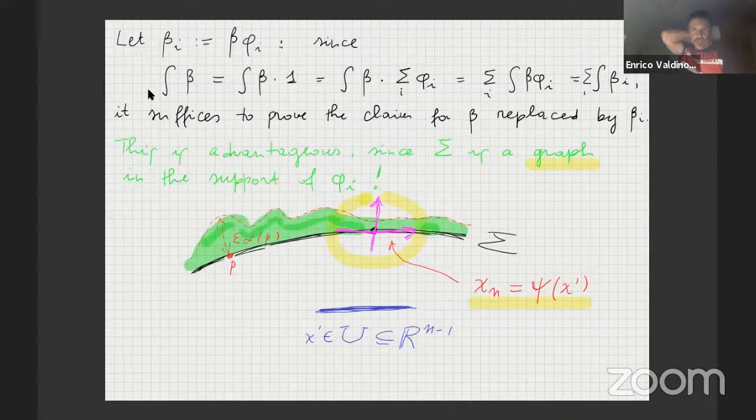I mean, for this argument, you need less than that, but whatever. So locally, it's the graph of a function psi. So my notation is that I have a set big U contained in R^(n-1), and locally, I mean in the support of beta, or beta_i if you prefer, in this local chart, I can think that sigma is the graph of the function psi.